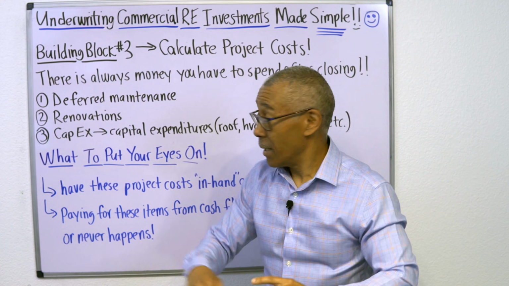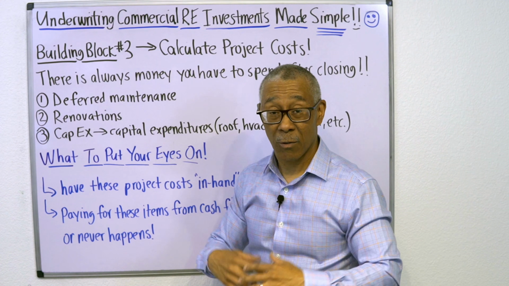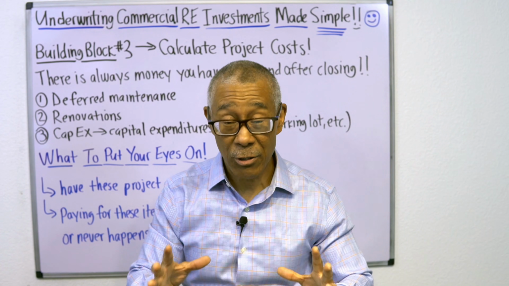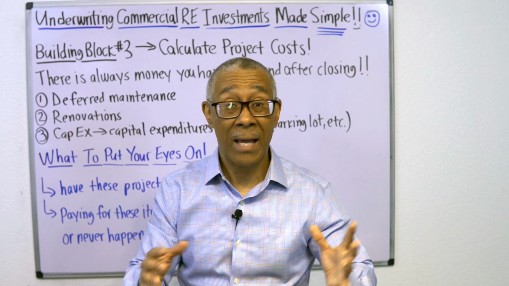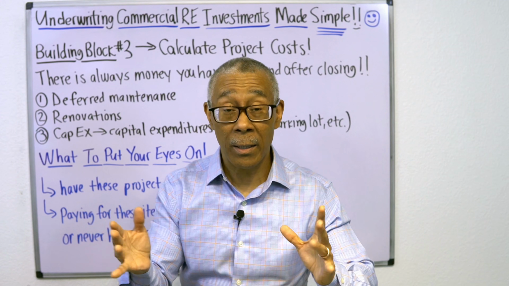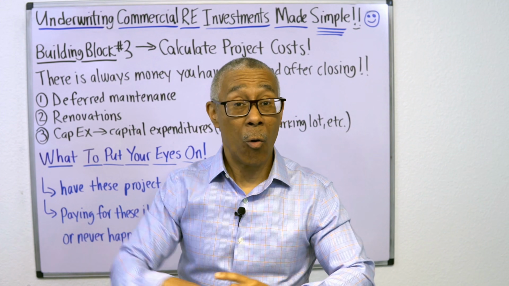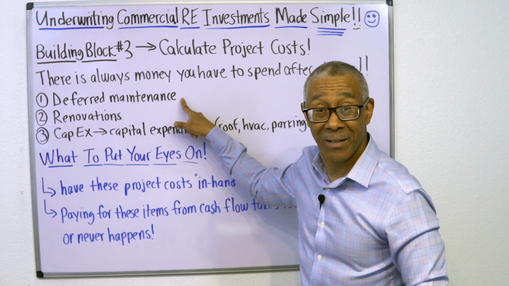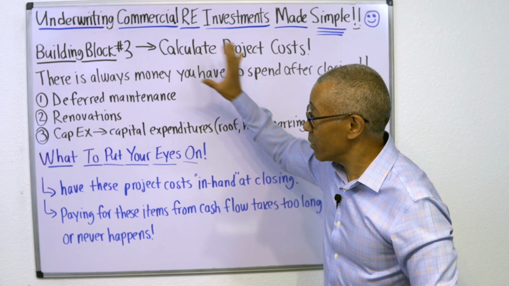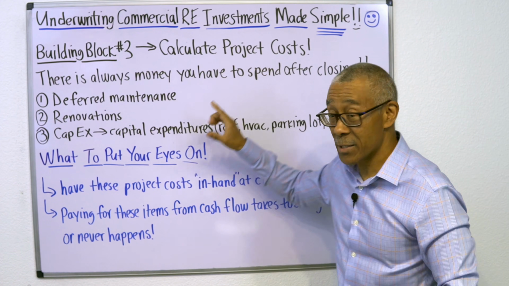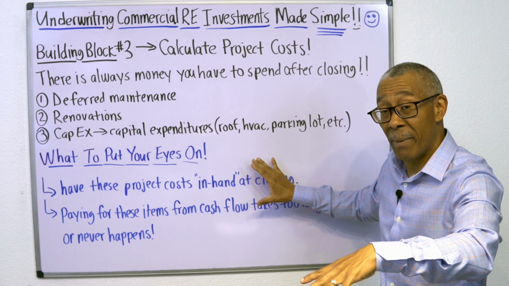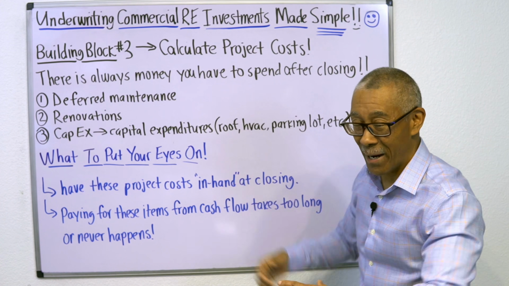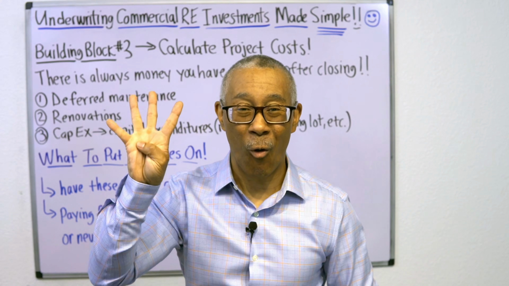So if you have deferred maintenance, you want to do renovations, for example, don't rely on cash flow to pay for these things because they take way too long and you're leaving money on the table, or they never happen because you're carrying this deferred maintenance from cash flow. Okay, got it? So number 3, calculate your project costs, and at closing, have it in a bank account so you can start on these items right away. Got it? All right, let's go to building block number 4.